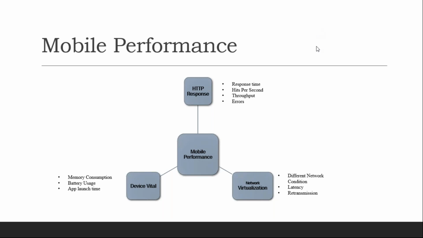As usual, with the HTTP response you will get response time details, hits per second, throughput, and error information. All of that you can collect with respect to the HTTP response.